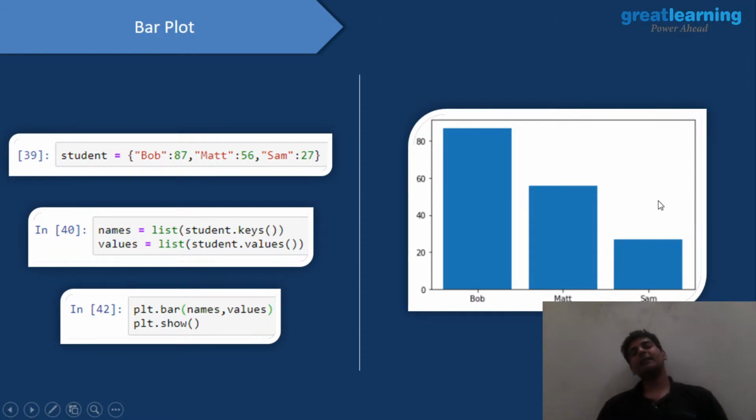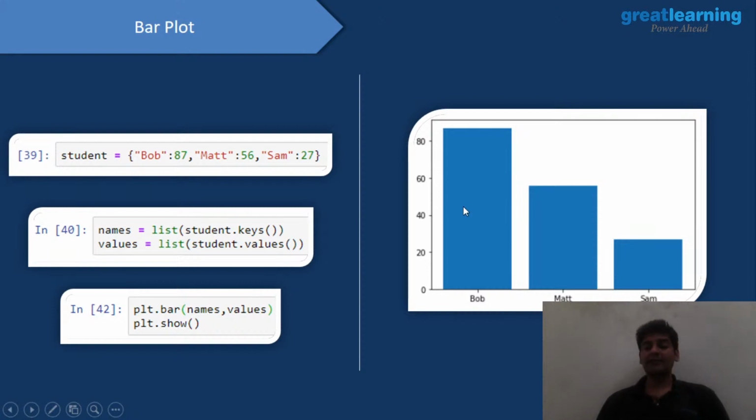And this image clearly tells us that Bob has scored the highest marks and Sam has scored the lowest marks. So this is where visualization makes interpretation very easy. As soon as I look at this bar plot, I know that Bob seems to be academically really good and Sam does not seem to be academically good. So this is the inference which I'll make after looking at this particular plot.